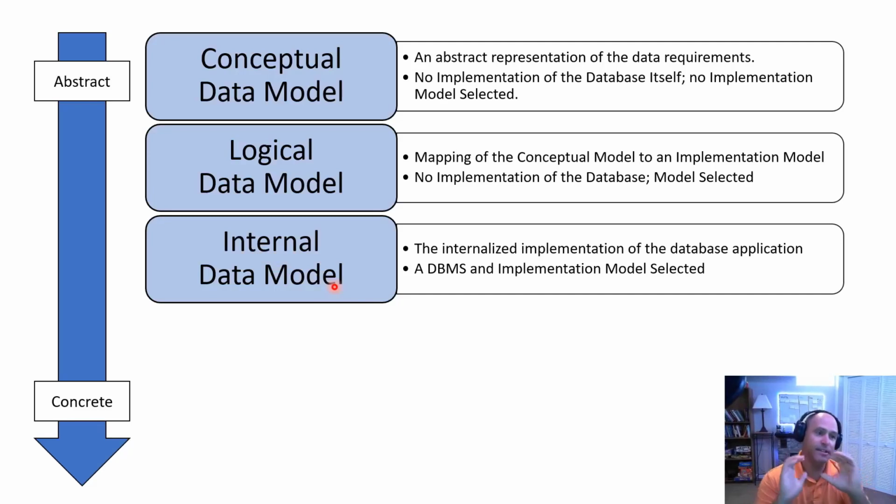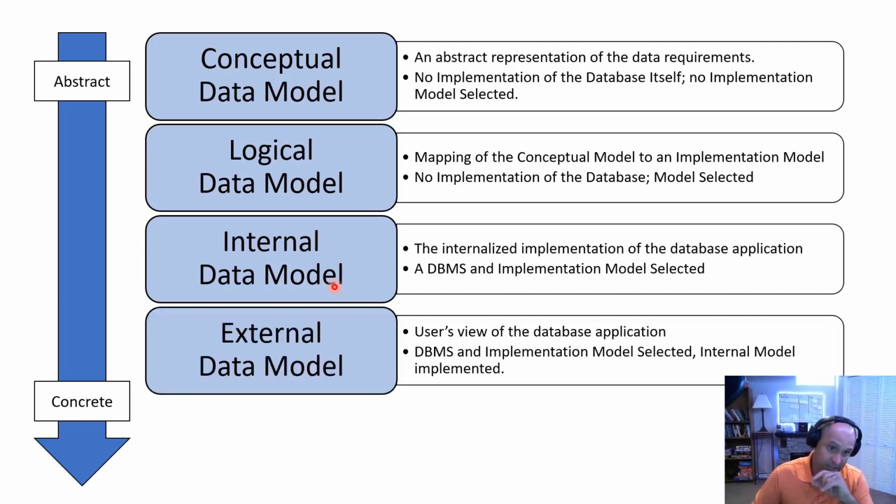When you've gotten to this point, you have all of the necessary components to have a real working database. However, there are two other models that exist, so let's talk about them now.